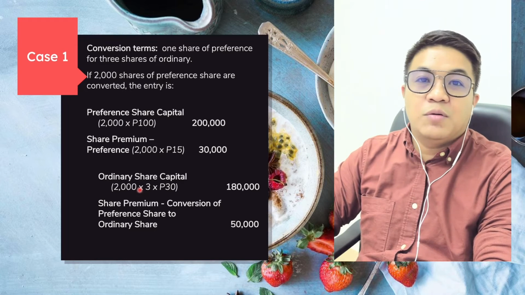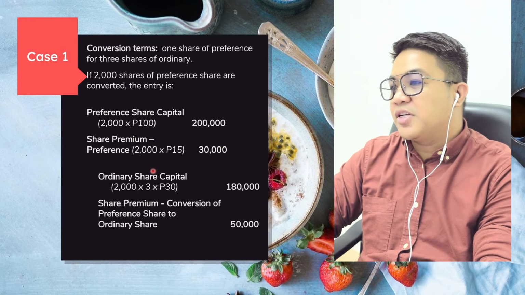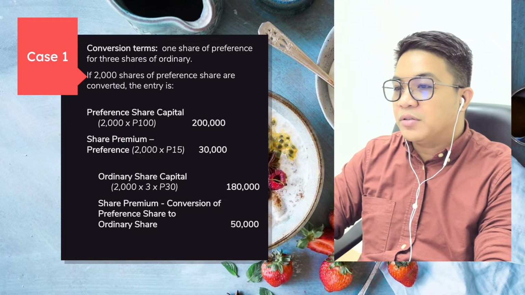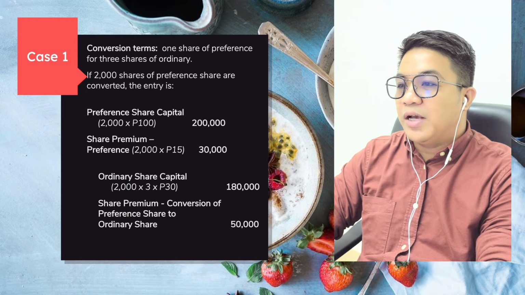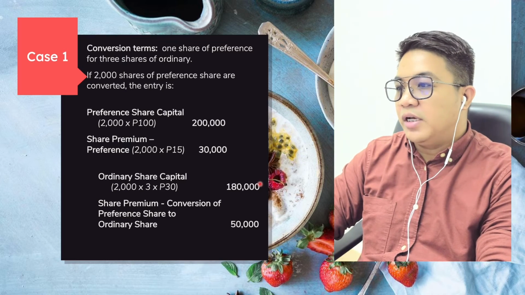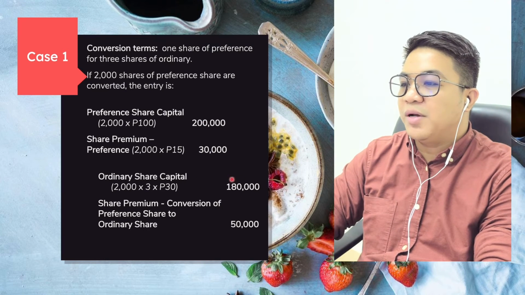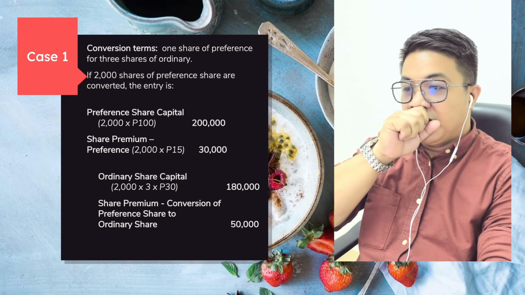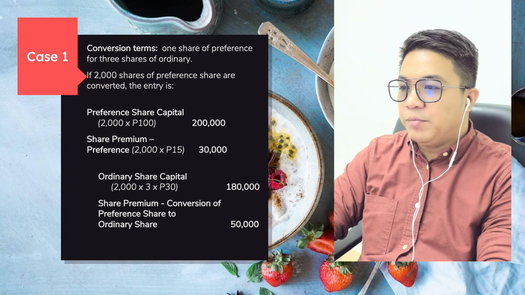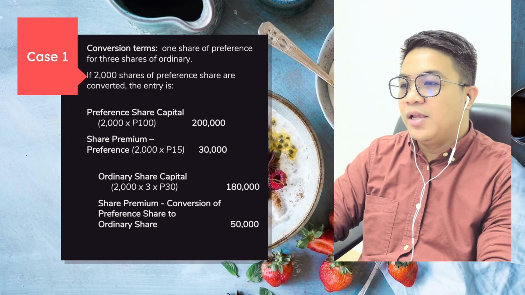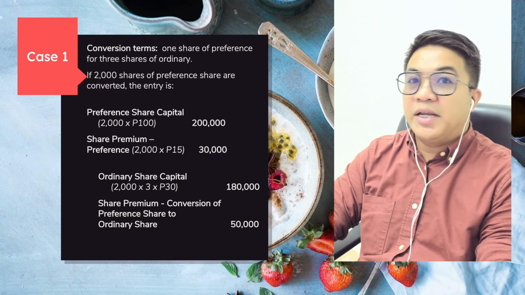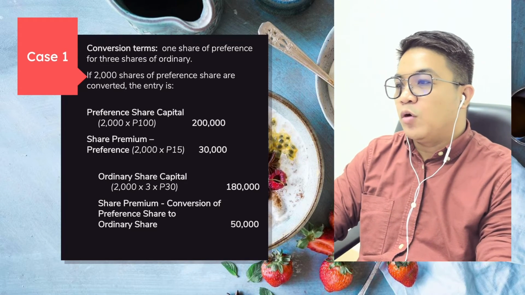Okay, 3 shares is the equivalent of 1 preference share. So, 3 times 30 pesos. Okay, that 30 pesos is the par value of our ordinary share. And any difference, 230 minus 180, that's 50. That will go to another new account. Share premium. Its full name is conversion of preference share to ordinary. But it is share premium. It's like a gain on the part of the corporation.